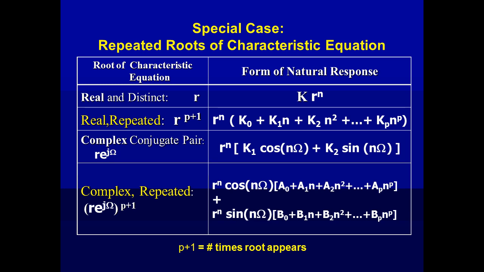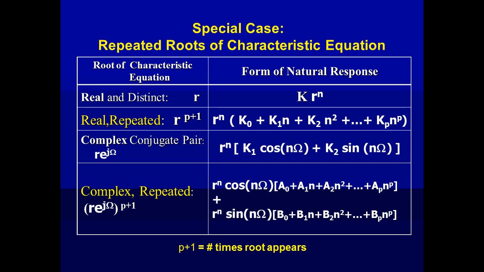So the power of n is up to the level that's 1 less than the number of times the root appears. Like we said, if the root appears twice, I'll have 2 terms, the original one plus an n to the first. If this root appeared 3 times, then I'd have another term, n squared times -1/2 to the n.